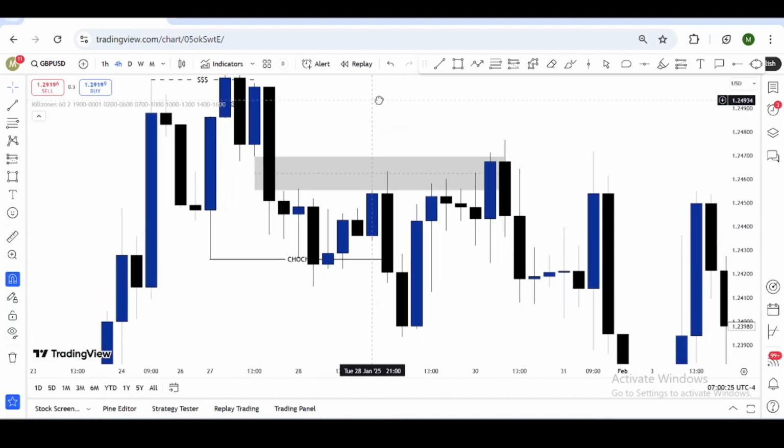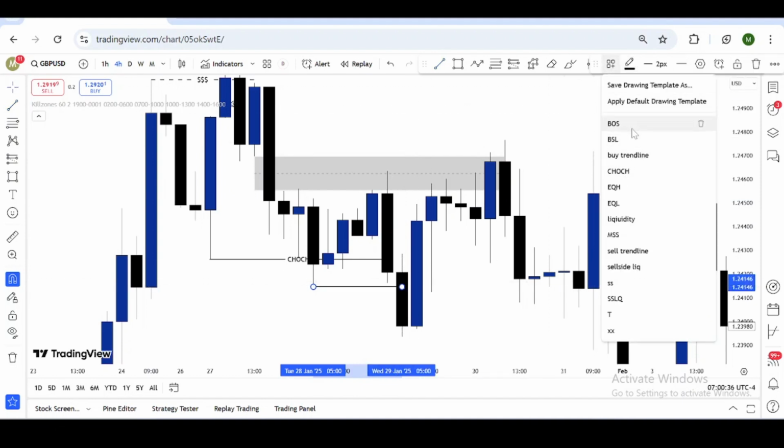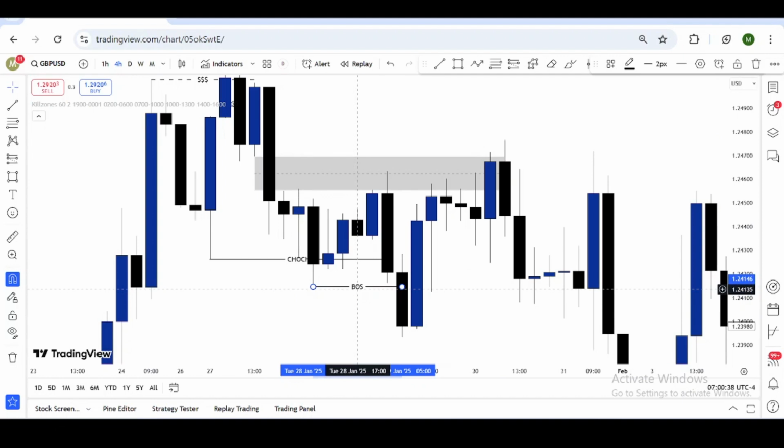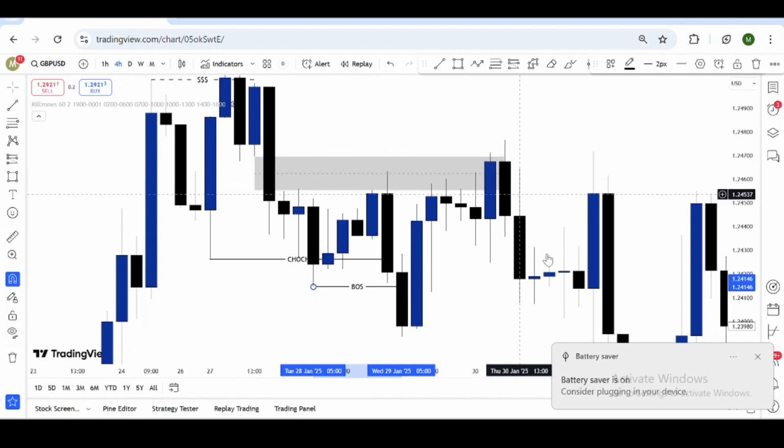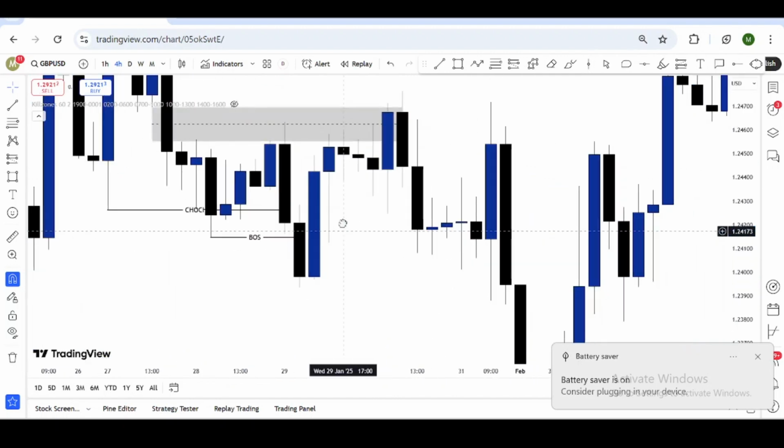Now let's look out for another break of structure. Here we have a new break of structure, right? This swing gave us a fair value gap here, but price did not respect it, still tapping into the fair value gap before pushing to the downside.